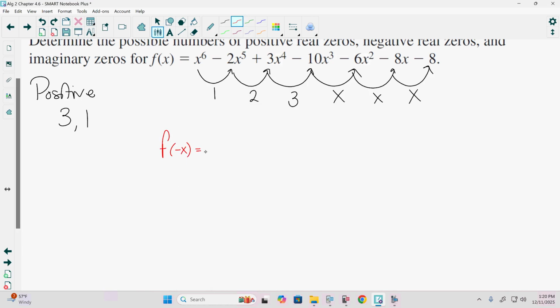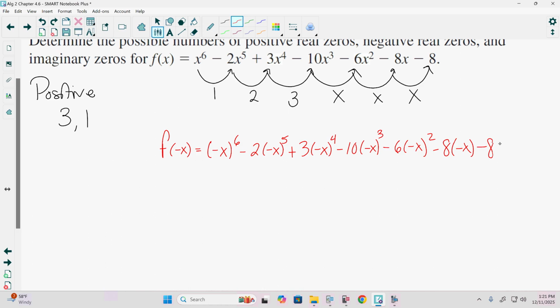Any questions on how we found the number of possible positive zeros for this function here? We're ready to find the negatives. To find the negatives, we do almost the exact same thing, but we have to do it for f of negative x, which means we have to replace every x in f of x with negative x.